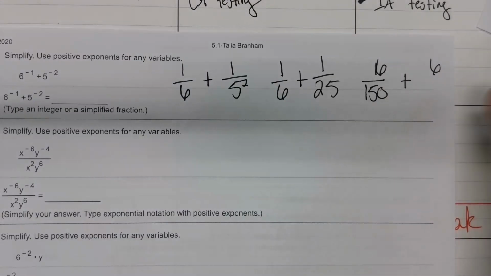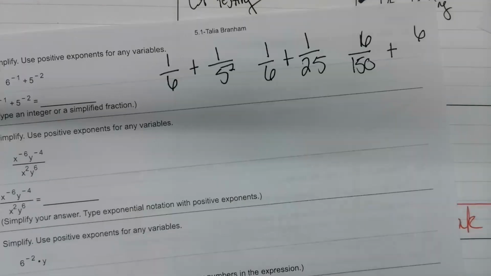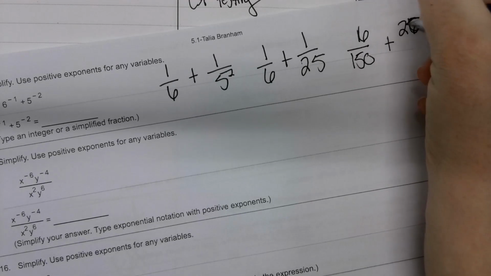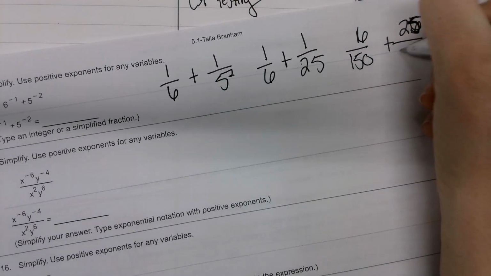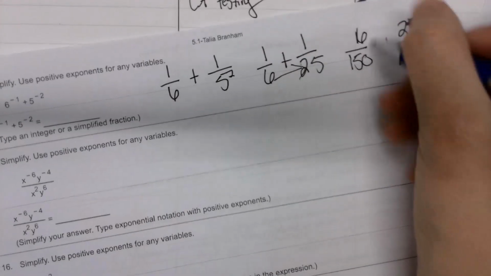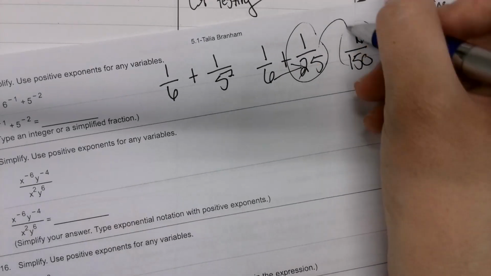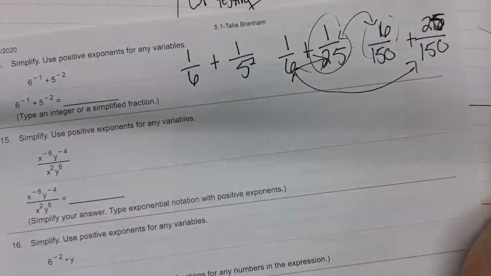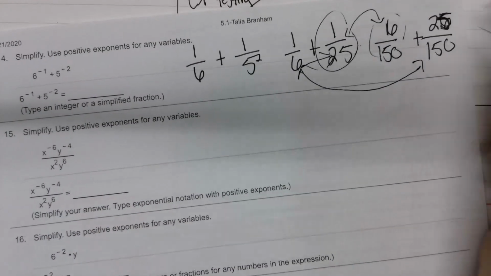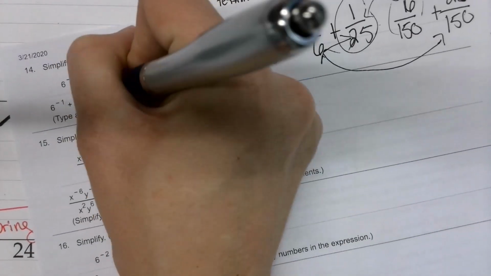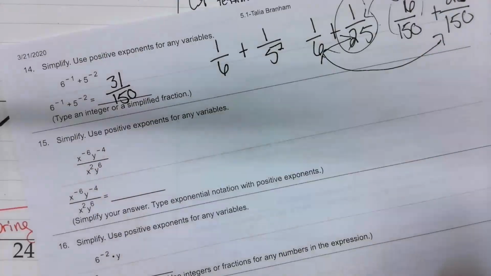So 25 plus, okay. Because 6 times 25 is 150, so these two are the same, and then these two are the same if we reduced them, and then 25 plus 6 would be 31, so 31 over 150.